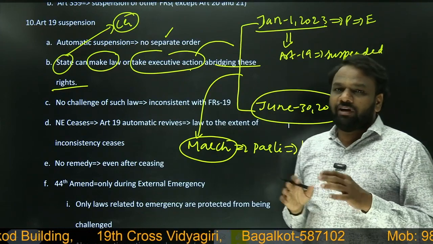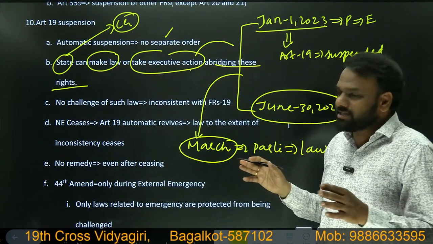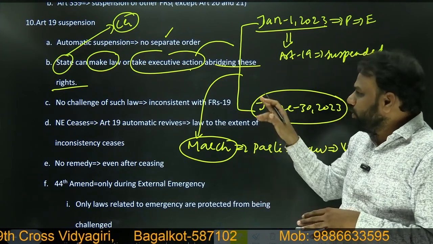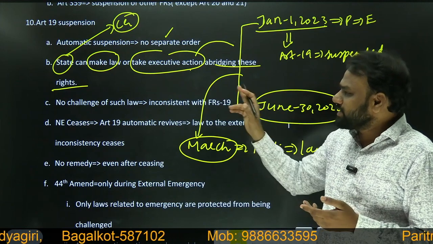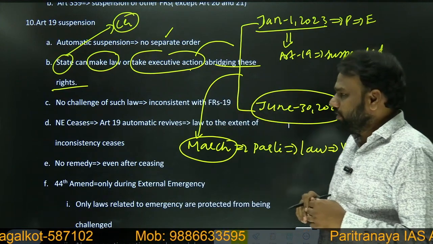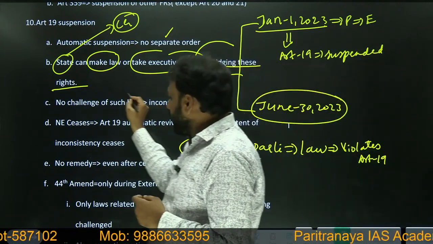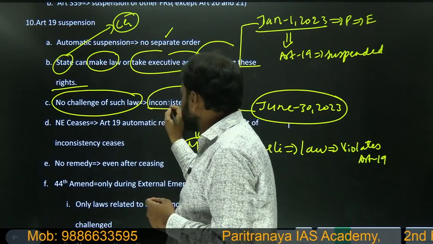So when national emergency is in operation, Article 19 automatically gets suspended. At that time, the central government can make a law or take any executive action which violates the fundamental rights guaranteed under Article 19. No challenge of such law inconsistent with fundamental rights. What does it mean?